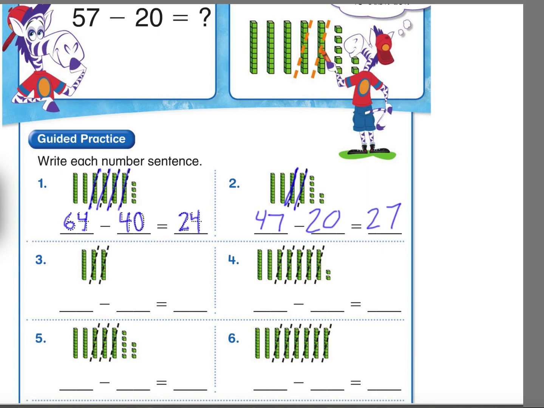All right. If you still need a couple more seconds, go ahead and hit that spacebar to pause. But if not, let's figure this one out.